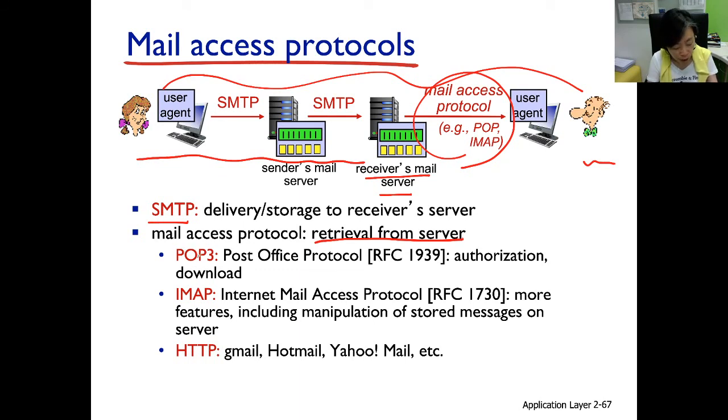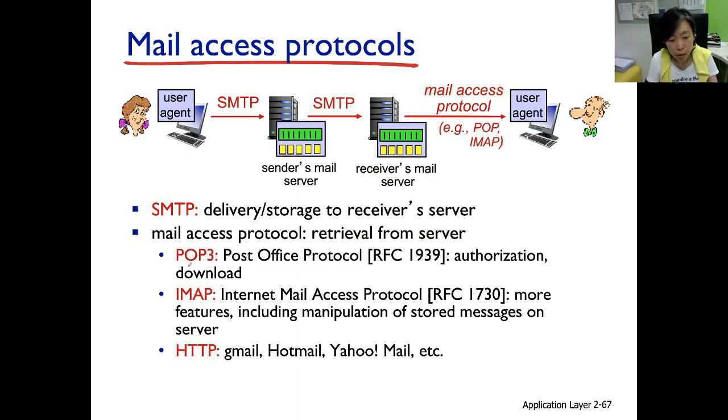There are three very popular mail access protocols: POP3, Post Office Protocol; IMAP, Internet Mail Access Protocol; and HTTP. The first two are more specifically defined for the purpose of allowing a receiver to retrieve email. The functionality is also similar.